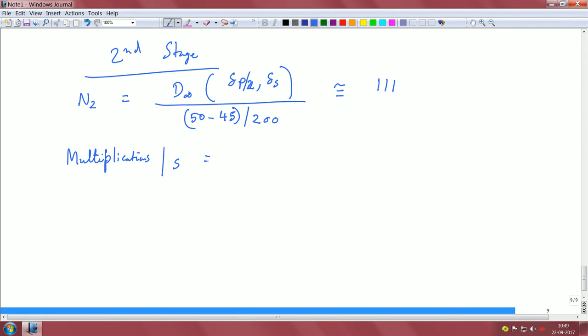per second. This is 111 times 200 divided by 2 times 2. 2 is your M2 here, right.